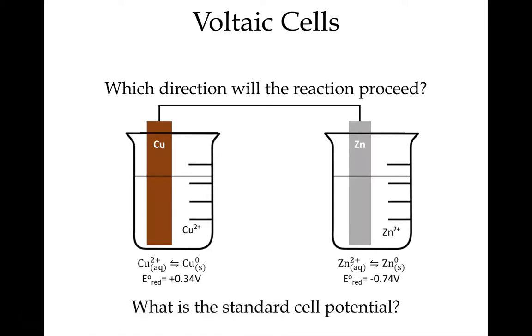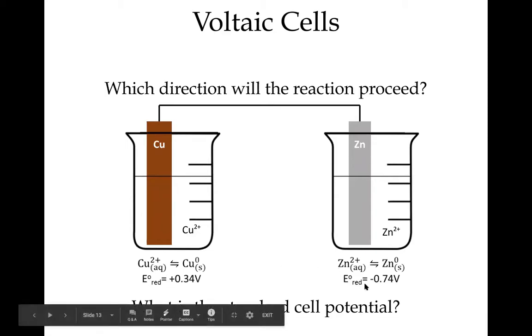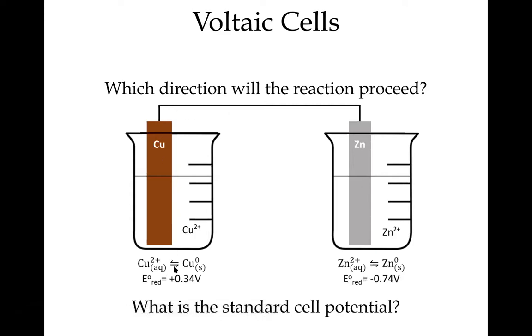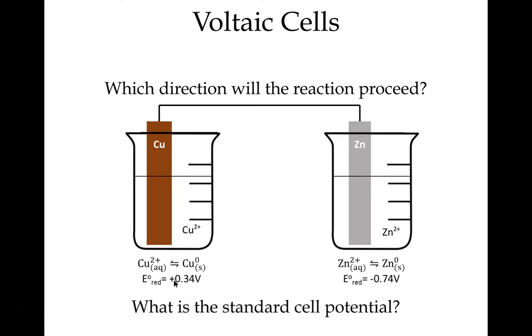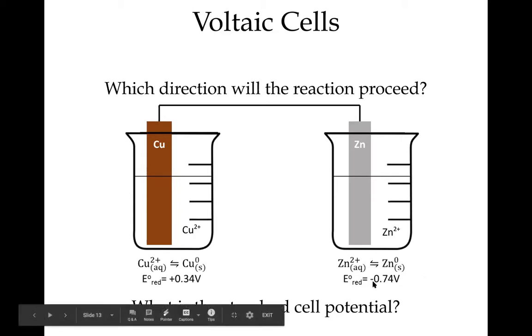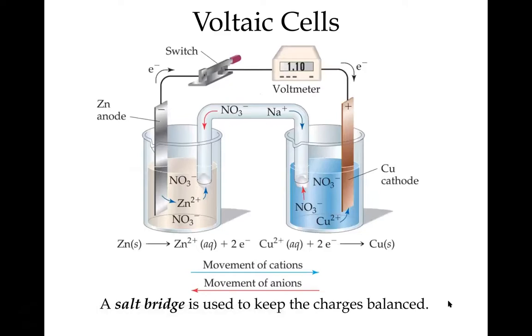Again, if it's a spontaneous reaction, it's going to want to go away from a negative charge and over to a positive charge or a less negative charge. If both of them are negative, it's going to want to go to whichever side is less negative. So that was a little bit of a hint going into this.